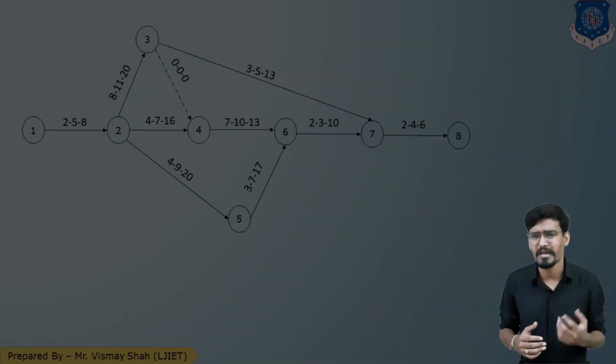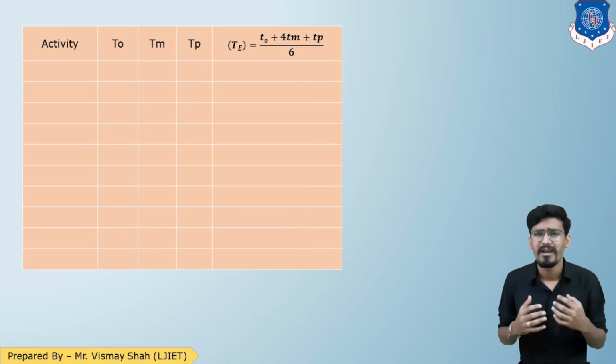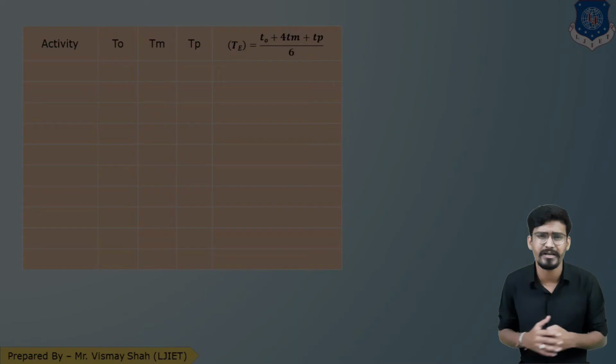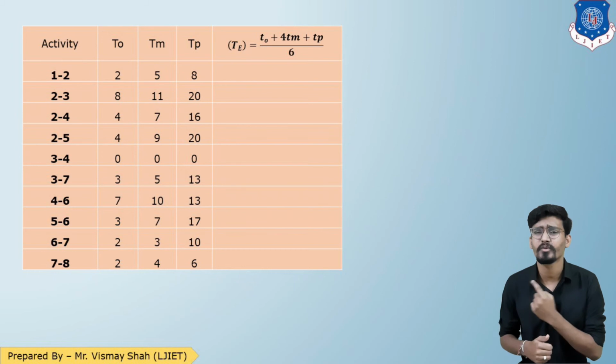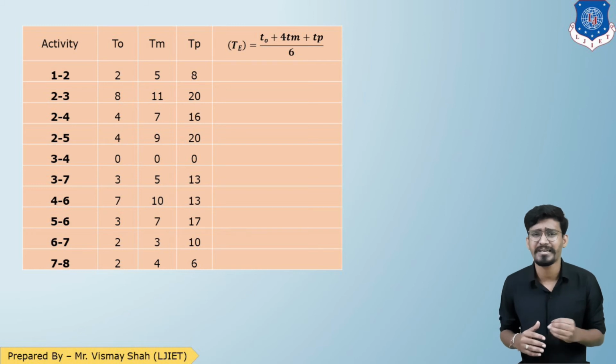So let us prepare the table. So here is the table for activity, TO, TM, TP and TE. Now let us look at the TO, TM, TP data for each activity. So here are the 3 time estimates for each activity. Now using the formula, let us calculate for each activity.